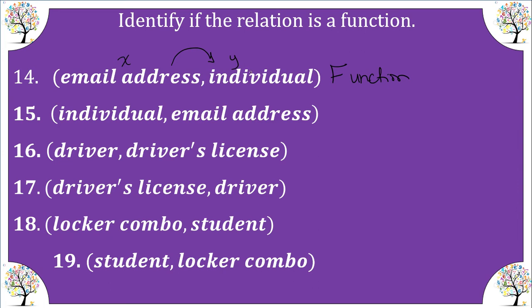One email address goes to one individual. Now 15, we switched the ideas around. An individual. If I ask you for your email address, maybe you have more than one. I know I have several. So Ms. Thomas has several email addresses, and therefore this is not a function.